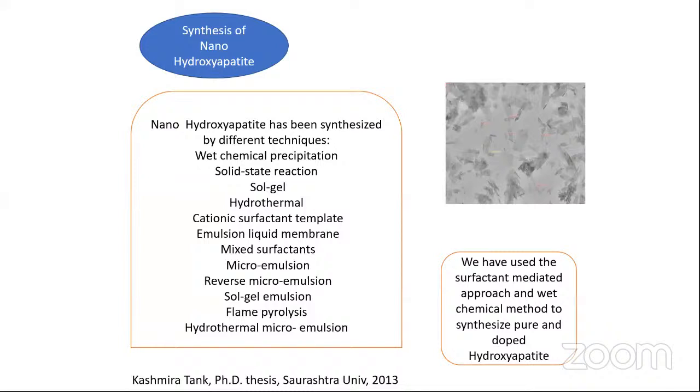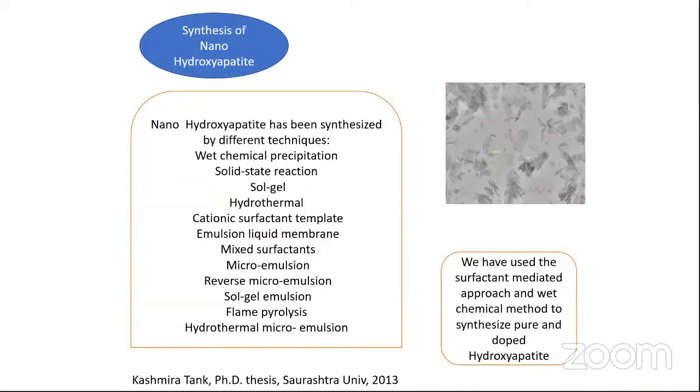Nanohydroxyapatite has been synthesized by different techniques like wet chemical precipitation, solid state reaction, sol gel, hydrothermal method, cationic surfactant template, emulsion liquid membrane, mixed surfactants, microemulsion, reverse microemulsion, sol gel emulsion, flame pyrolysis, hydrothermal microemulsion.